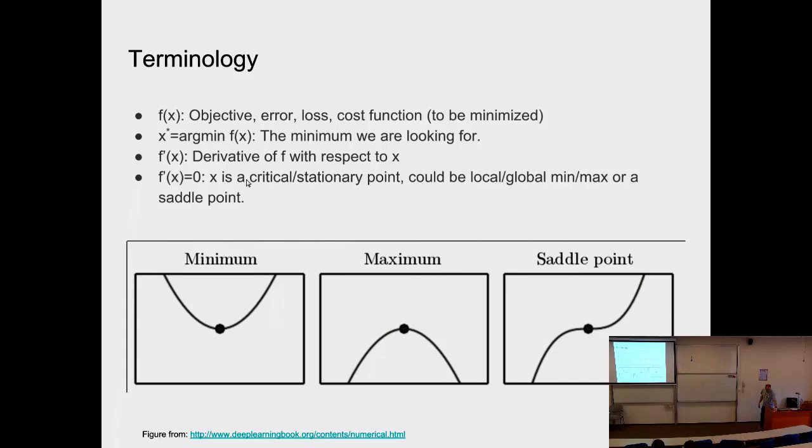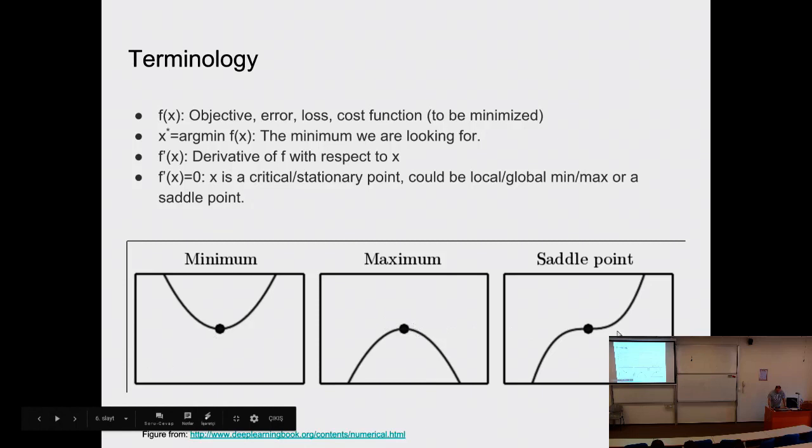A critical point is where the gradient actually becomes 0. And this could be a minimum or maximum or a saddle point, and the minimum or maximum could be local or global. Okay? All f prime equals 0 tells us is that locally the space is flat. So I could be here, I could be here, and I could be there. Okay?